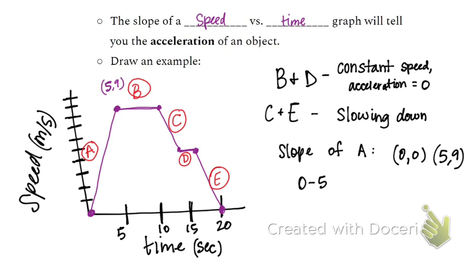What has to go on top? The y numbers. So 5 is an x. So 0 minus 9 on top and on bottom will be 0 minus 5.